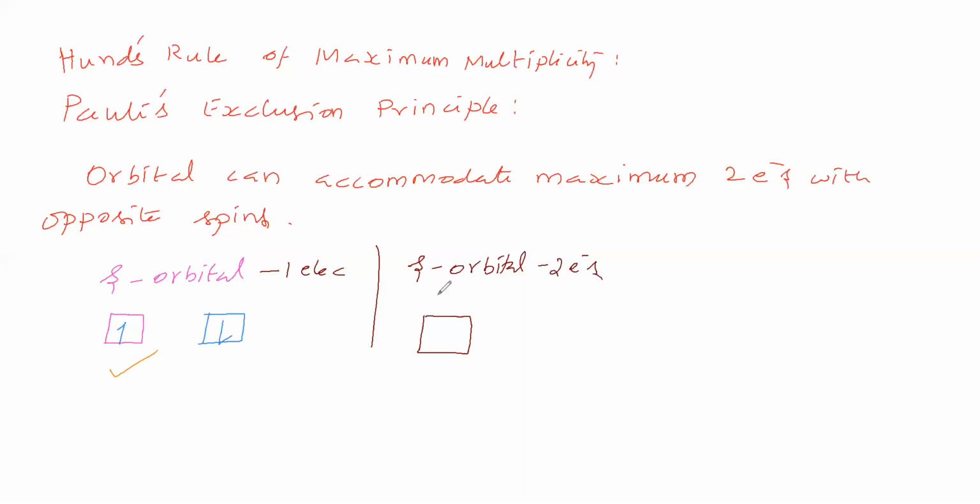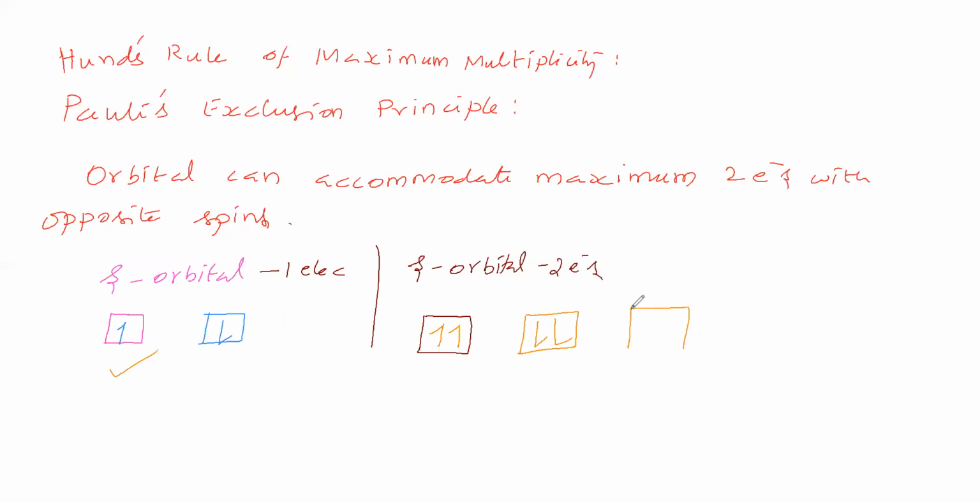Now we will take an s orbital having 2 electrons. One electron is clockwise; another electron may also be clockwise. Or one electron is anti-clockwise, another also anti-clockwise. That is also possible.